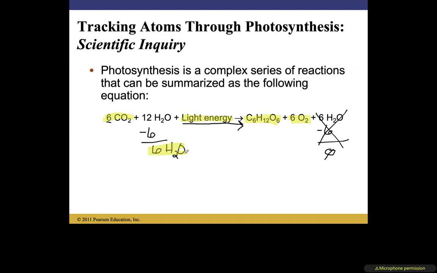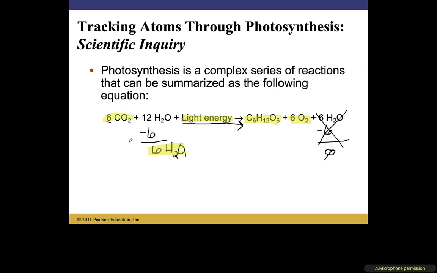Let's see here. There's 1 oxygen in H2O, but there's 6 H2Os. So that's 6. So 6 oxygens here, 12 oxygens here. Don't forget that. And then over here, in 1 O2 molecule, you got 2 oxygens, but you got 6 O2 molecules. So 6 times 2 is 12. So 12 plus 6, that's 18. So we have 18 and 18 oxygens here.